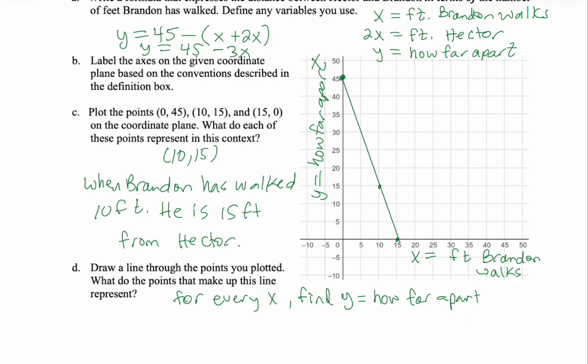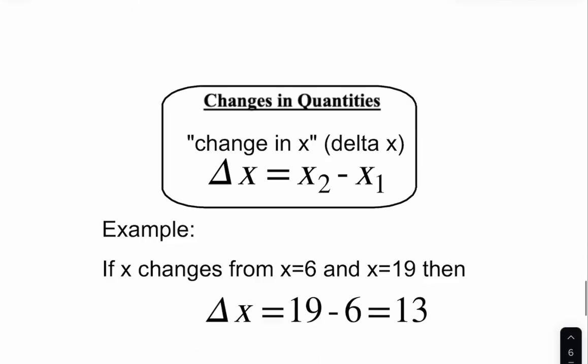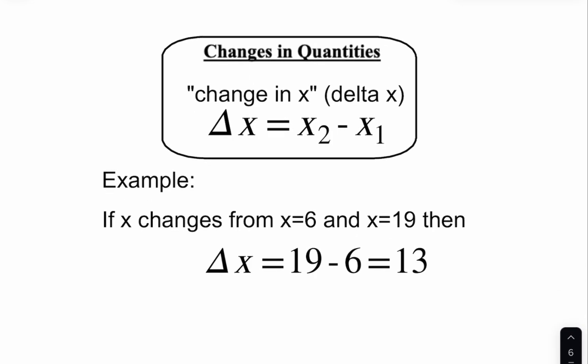Okay. So now there's some notation that you probably did in an algebra class. It depends on how your algebra teacher discussed slope and some other things. Especially as we head toward calculus, we're going to use the delta notation to depict a change in a value. Your x2 is your end, your x1 should be your start.